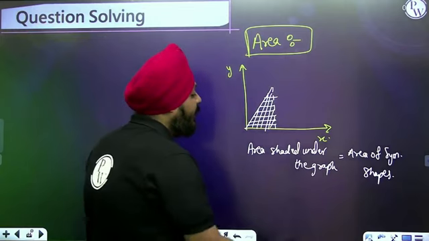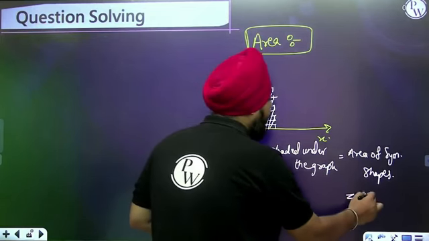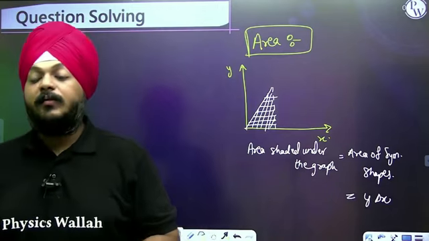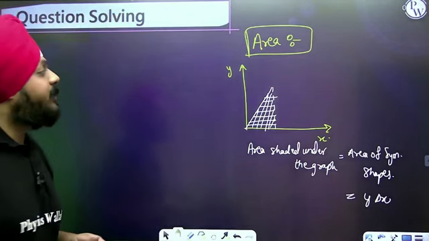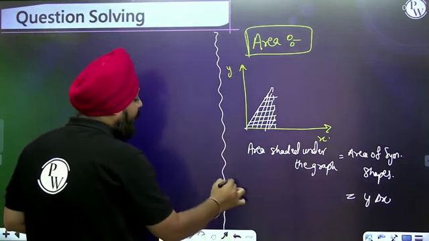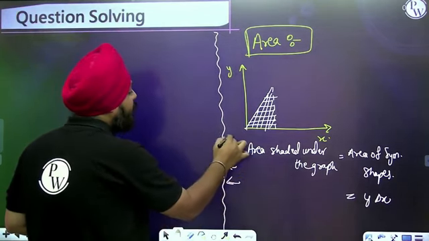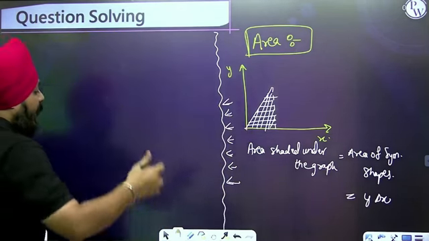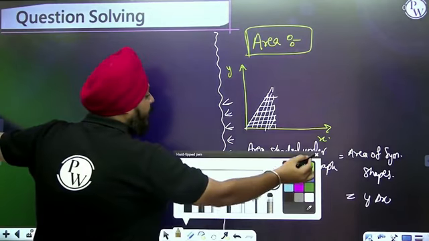So the area will obviously be equivalent to y del x if it is of symmetric shape. How do we calculate the area for asymmetric shapes in between the two limits? How do we calculate the area for an asymmetric shape?